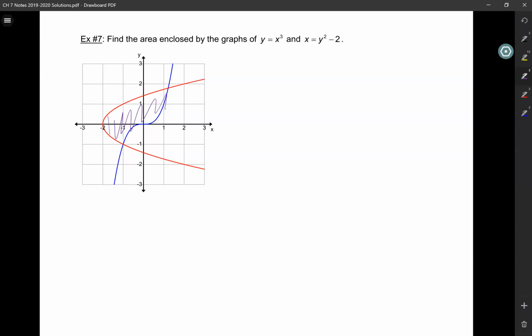So you would have to do separate integrals. However, if we went with respect to y, the whole time from y equals -1 to this top intersection point, I only have one boundary to the left, one boundary to the right. So that's how we're going to do it.